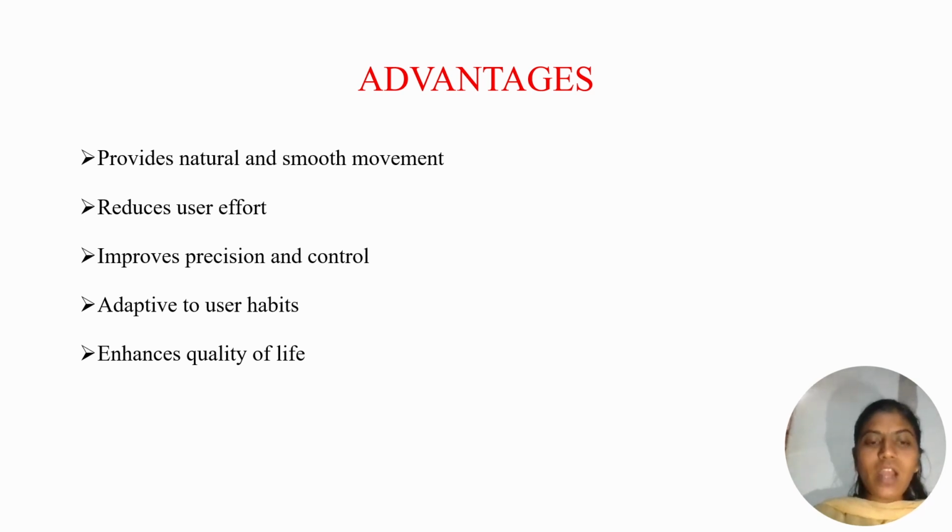Advantages. The main advantages of this: it provides natural and smooth movement, reduces user effort, improves precision and control, is adaptive to user habits, and enhances quality of life. So for handless and legless patients, they do not depend on other human beings.